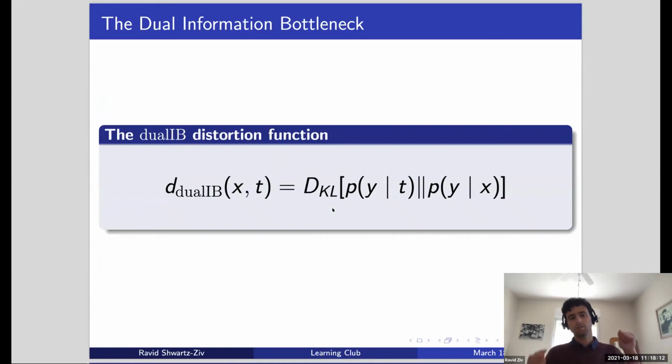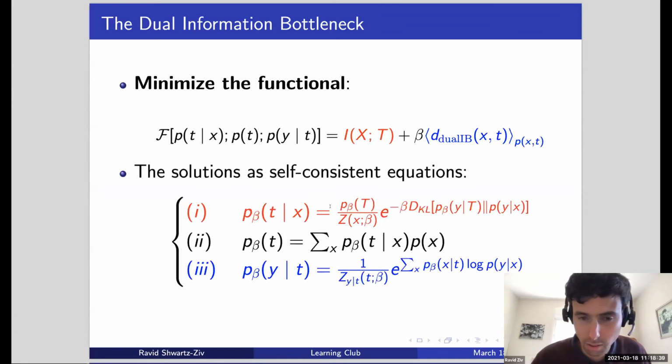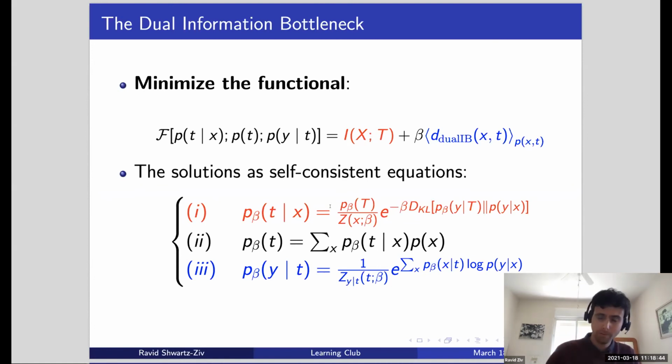We suggested to use the dual information bottleneck. Why dual? Because here we use the dual distortion function, and we switch the order in the DKL. Now we have DKL between y given t and y given x. We want to minimize this functional, and the solutions are also self-consistent equations, but now we have a different equation.